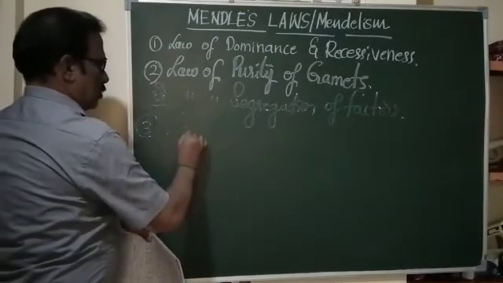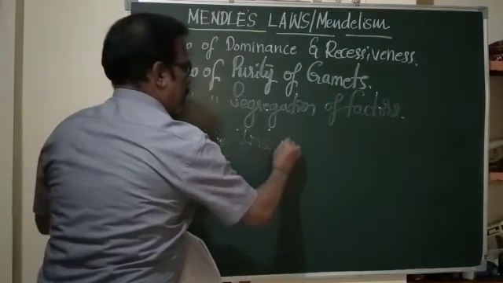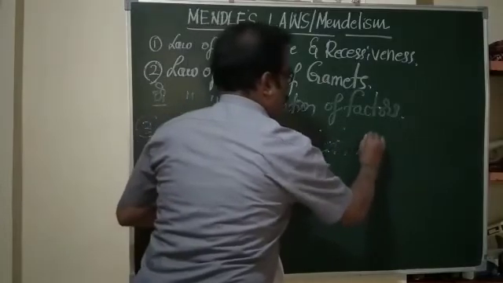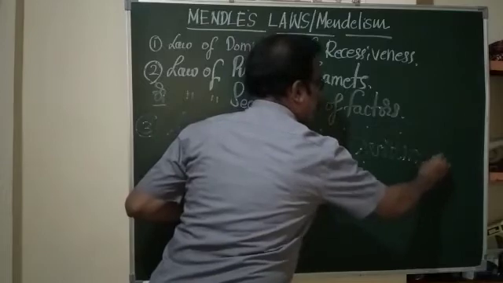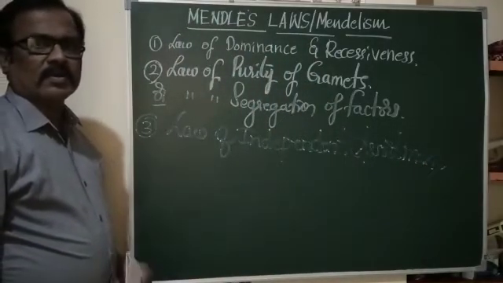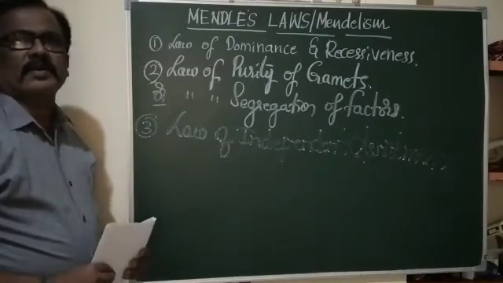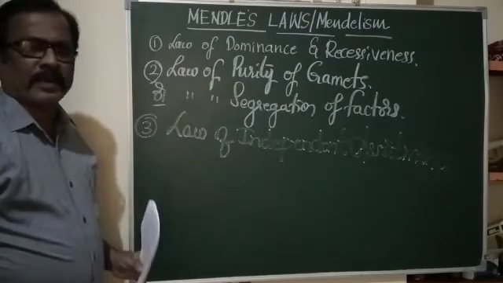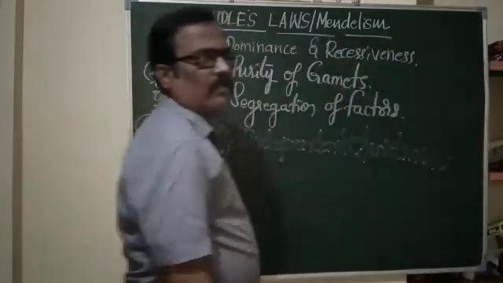Third one, law of independent assortment. So these are the 3 laws resulted by the results of experiments conducted by Mendel. Let us see one by one.